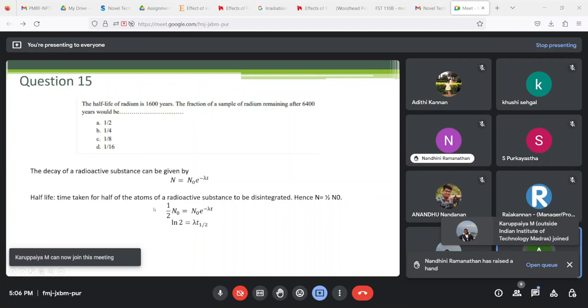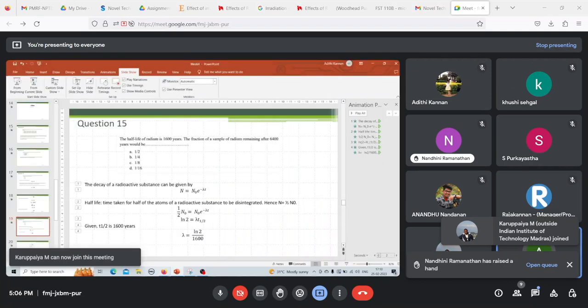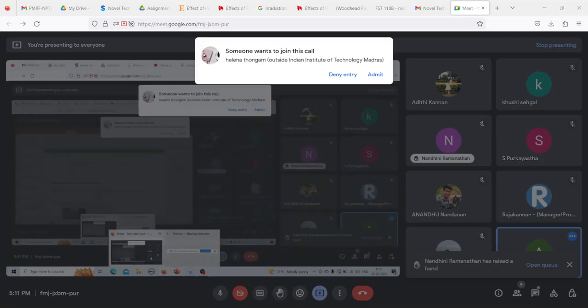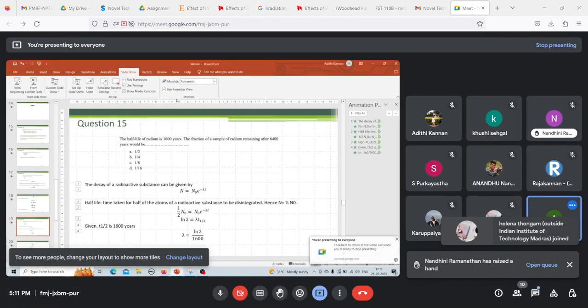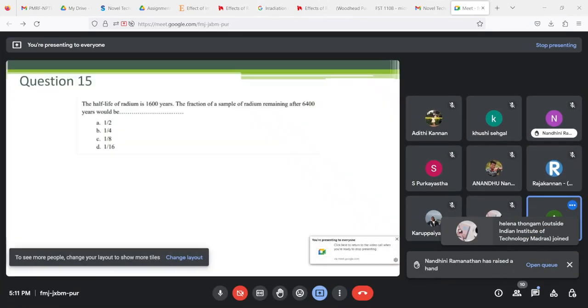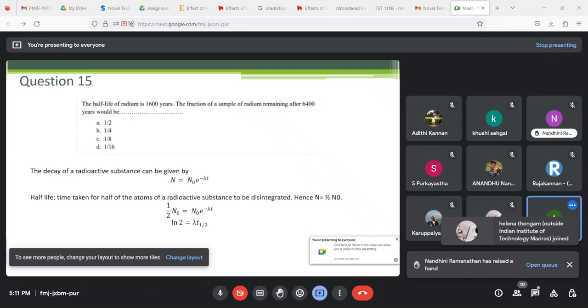If you take the negative sign and take a logarithm, you'll have ln of 2 equal to lambda t half, which is your half-life. Is this clear till here?